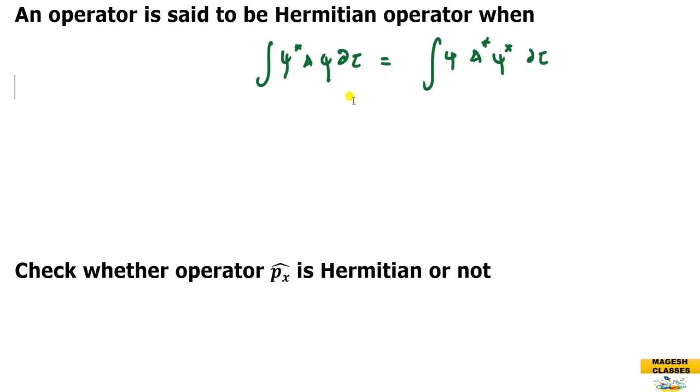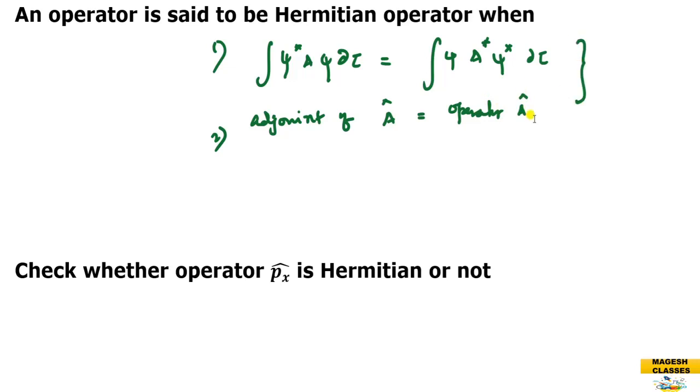Otherwise, the adjoint of operator A is equal to operator A. So the basic conditions for Hermitian operators are this integration of the wave functions, or the Hermitian adjoint of A is equal to operator A. We will explain in detail.